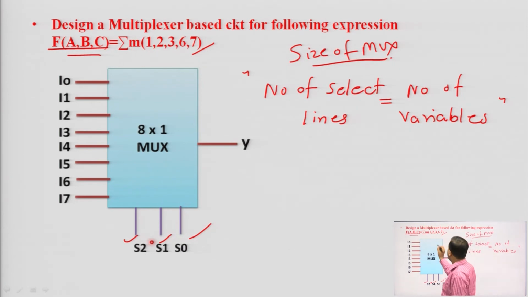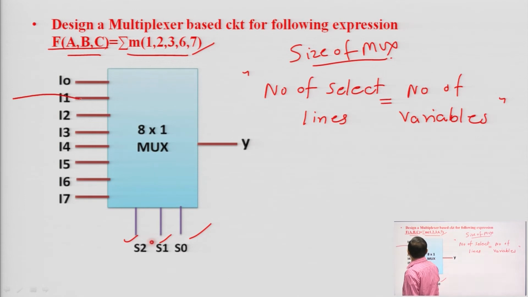So, see here we have the minterms 1, 2, 3, 6 and 7. So, the result will be for 1, 2, 3, 6 and 7. These are connected to logic 1.